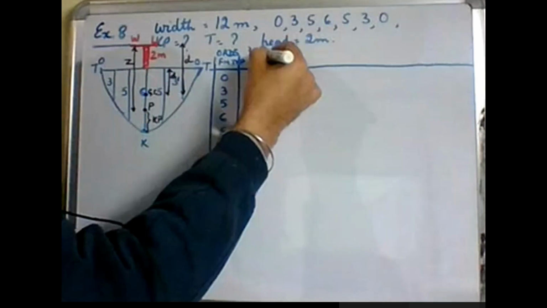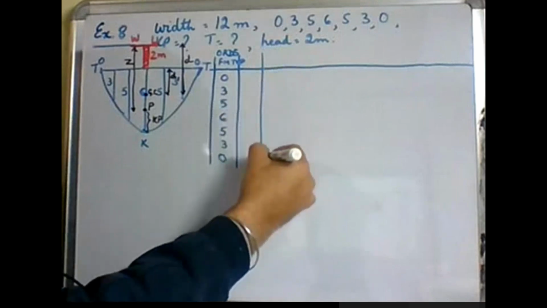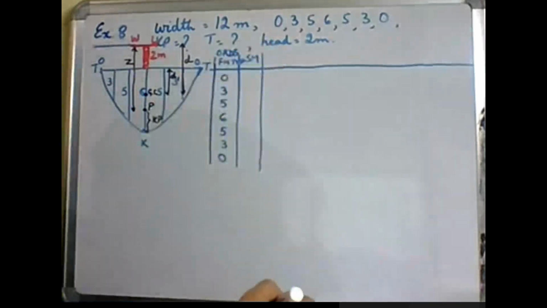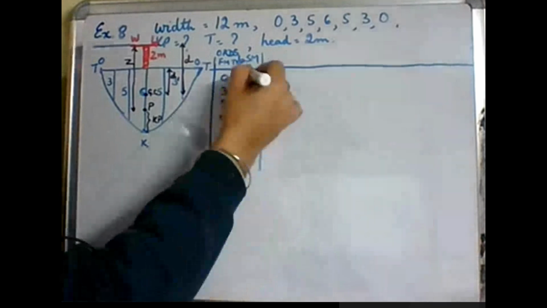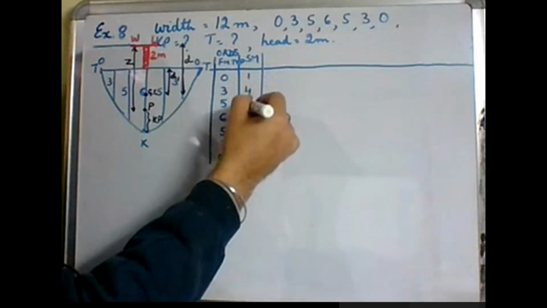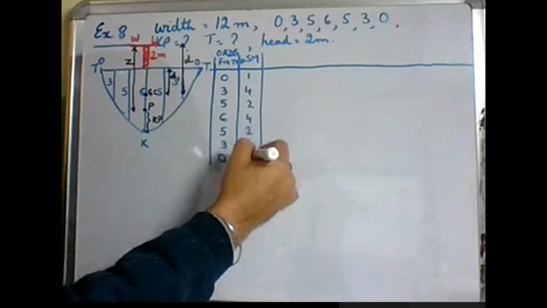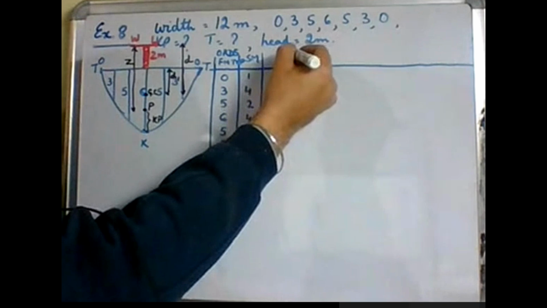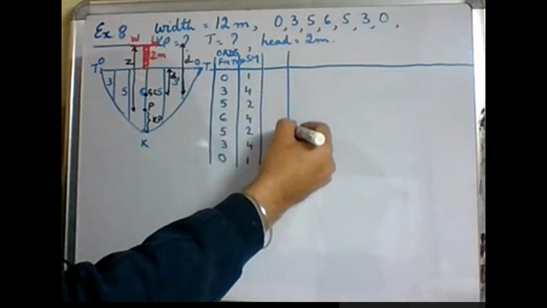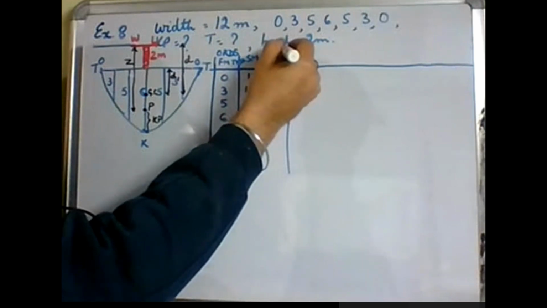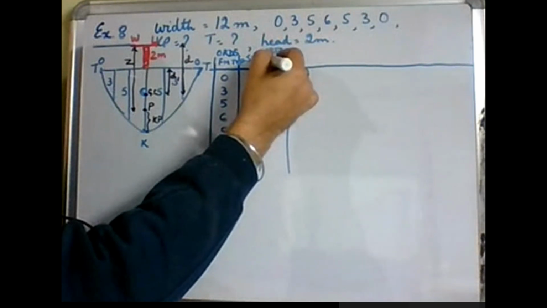Title of the second column. Simpson multiplier. Which rule would you like to use? Rule 1. So put the multipliers: 1, 4, 2, 4, 2, 4, 1. Title of the third column: area function.